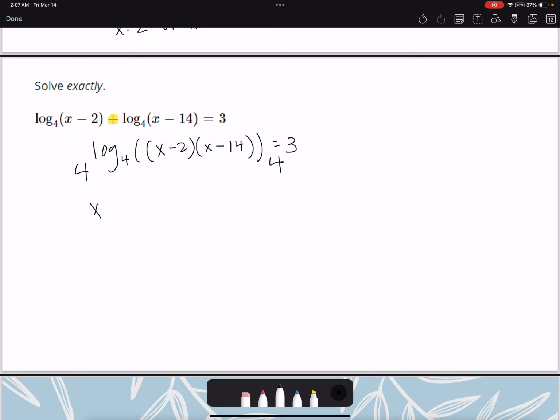So we would have x minus 2 times x minus 14 equals 64. 4 cubed is 64. And then when you multiply this out, this would be x squared minus 16x plus 28 equals 64, when you do the foiling.